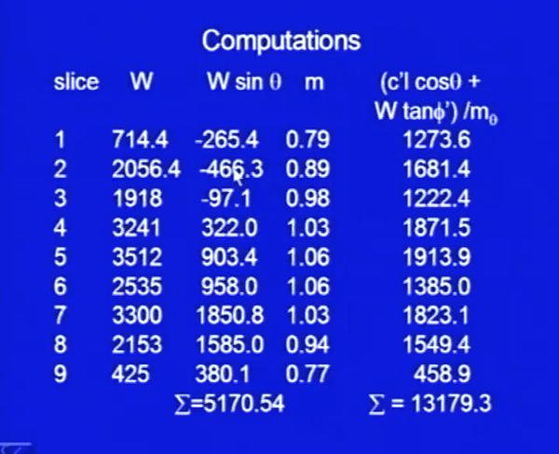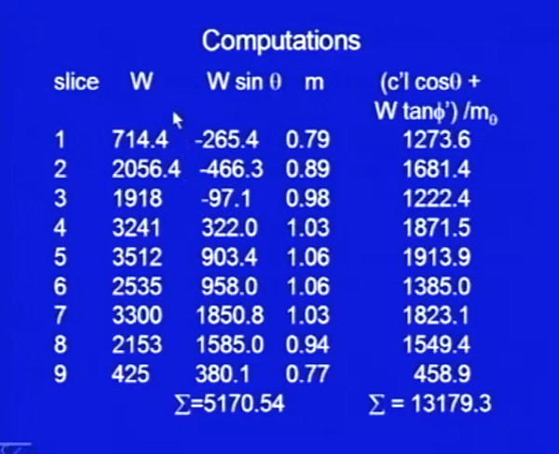I am not showing all the calculations here, they are given in this tabular form, slice number 1, 2, 3 up to 9. These are their weights 714.4, 2056.4 and so on. W sin theta, theta is negative for first few slices. So, these are the W sin theta values.